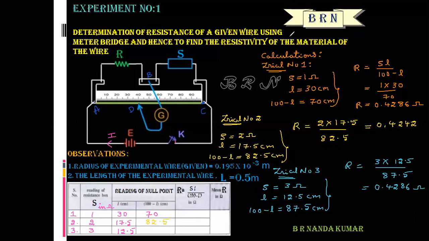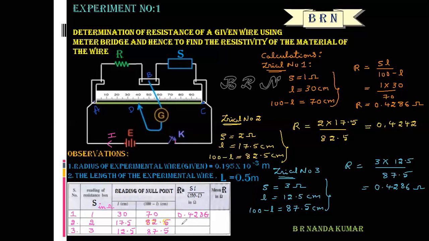Okay. So in the first trial, 100 minus L is 70; in the second trial, it is 82.5; in the third trial, it is 87.5. In the first trial, the R value is 0.4286.